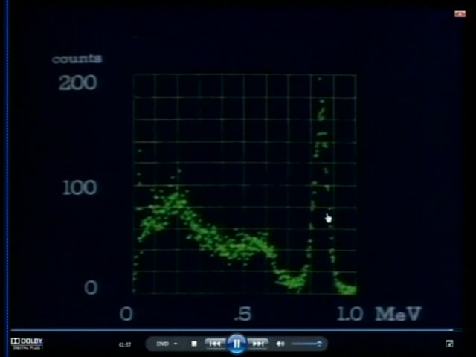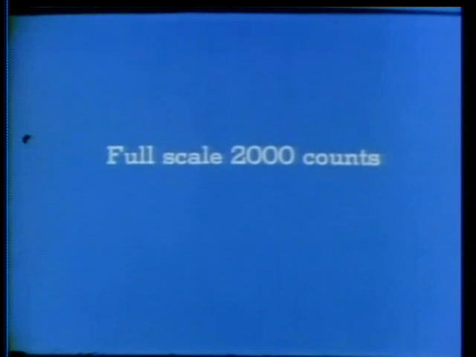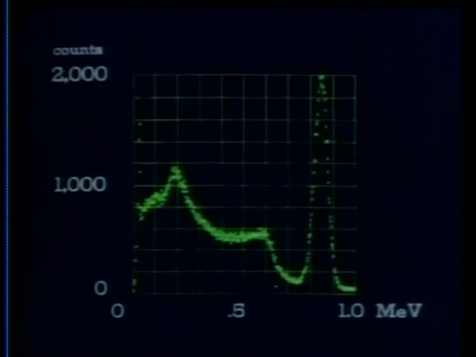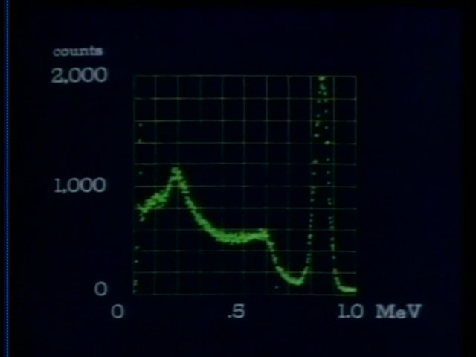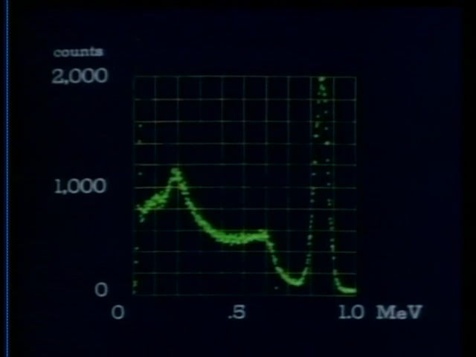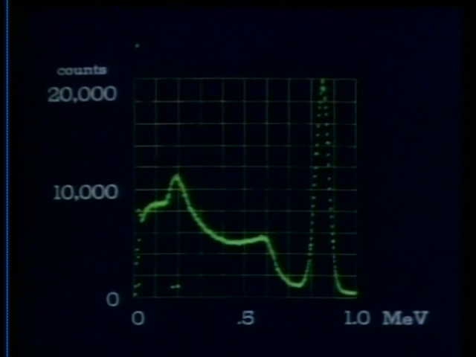The first pattern is ragged because only a few counts have been recorded. Statistical fluctuations are less noticeable when more counts have been recorded. Finally, with still more counts available, the curve is quite smooth. It shows some interesting features.